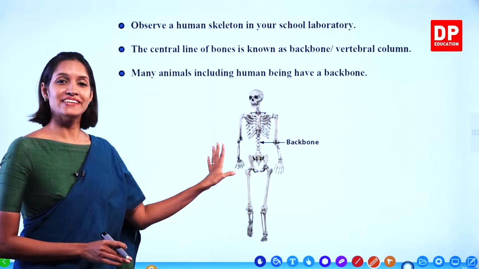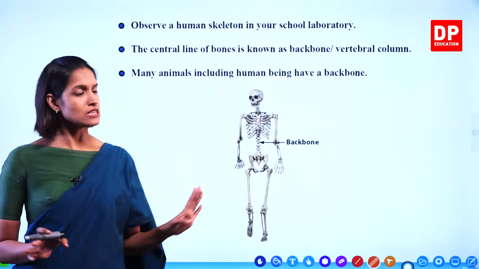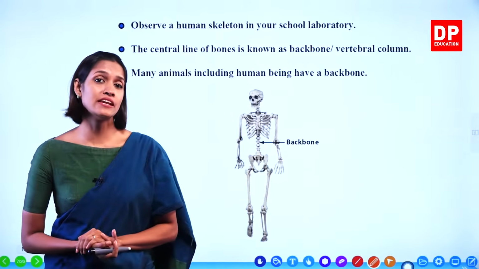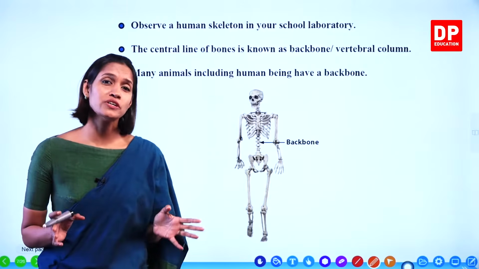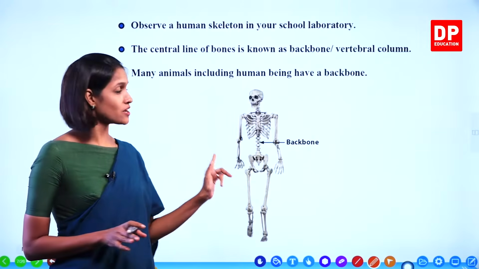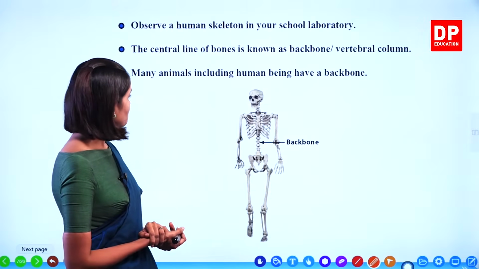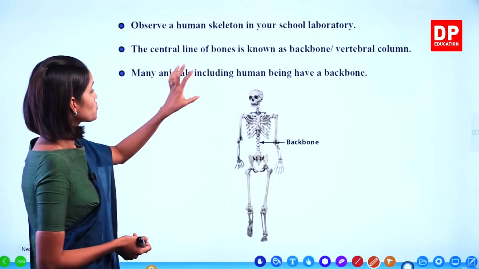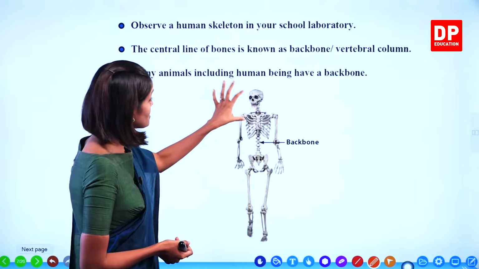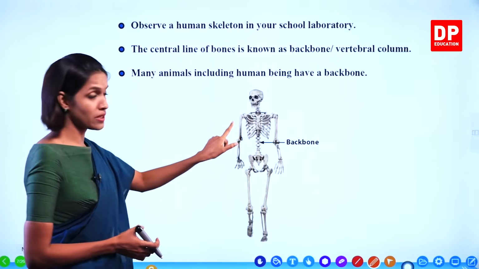What is this, children? This is a human skeleton. You must have seen these types of skeletons in real life, in exhibitions, right? And maybe some of your school laboratories have these types of skeletons. Okay, we'll try to identify different parts. What is this? This is called the skull. So your brain is protected by this skull, right? And this is known as the rib cage.